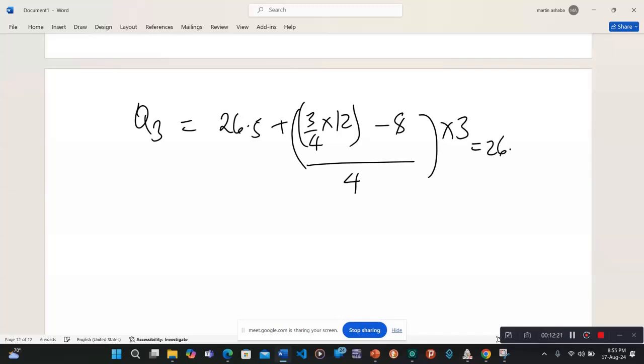So this is 26.5 plus 1 out of 4 times 3, which is 0.75. So the value would be 26.5 plus 0.75, which is 27.25.